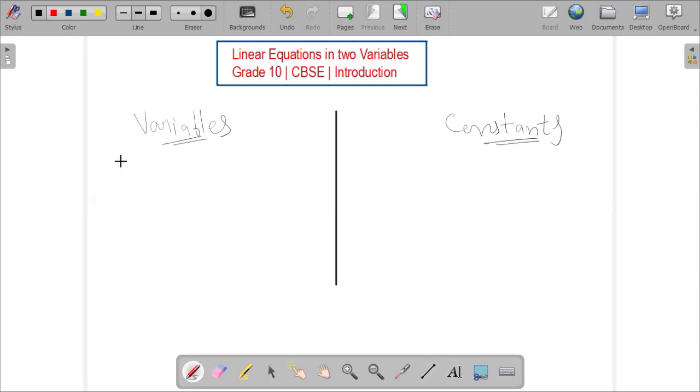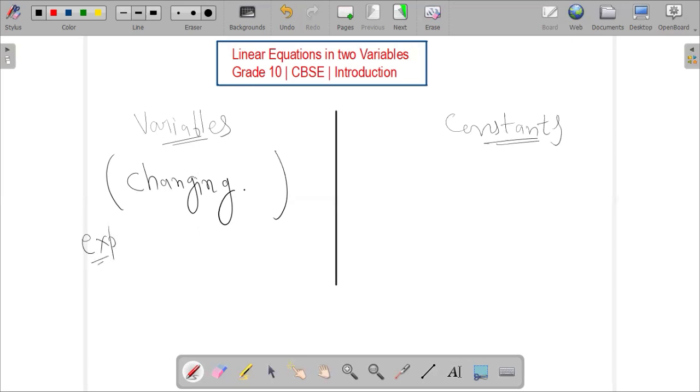What are my variables? My variables are basically those whose value is always varying. It means the value is changing, right? Something which is not fixed, I can say that is a variable. What are my examples?